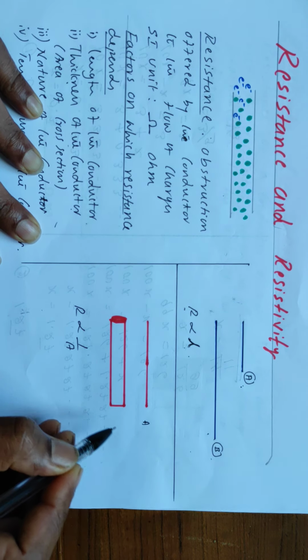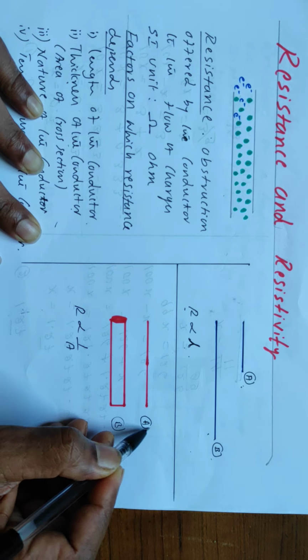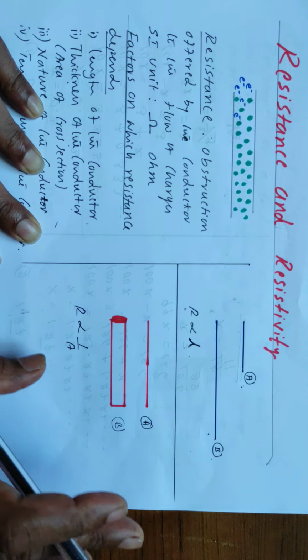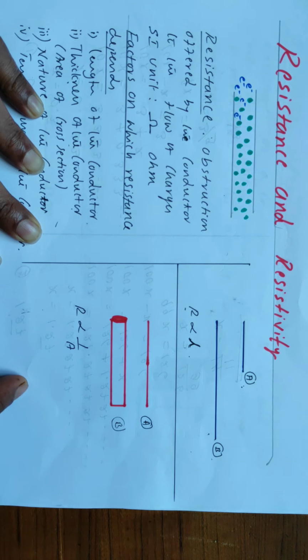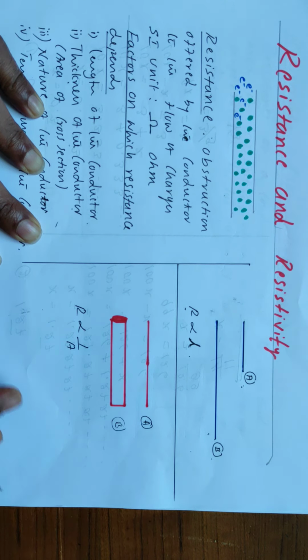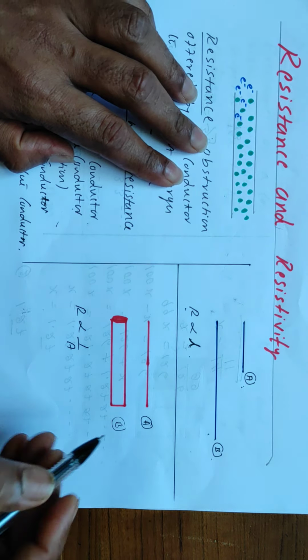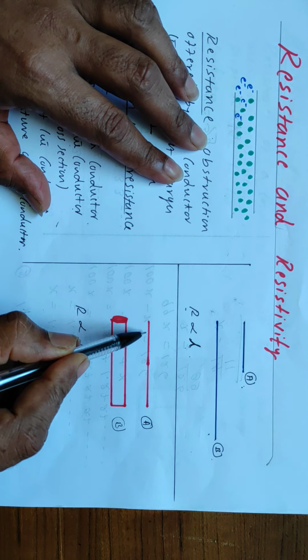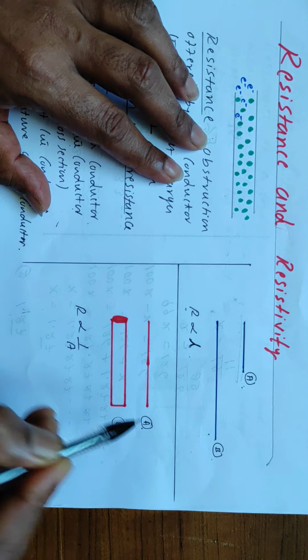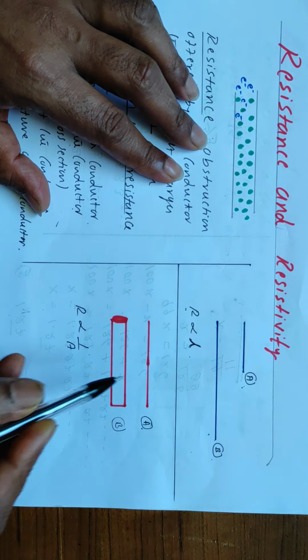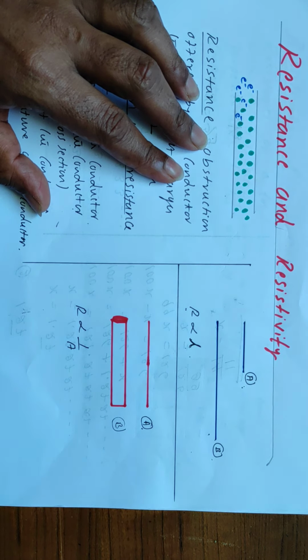Here I have two samples, A and B. They are made of same material, same length, maintained at same temperature. Here what I have varied is area of cross section. Students, electrons cannot move easily through A because the available space is less. So collisions will be more.